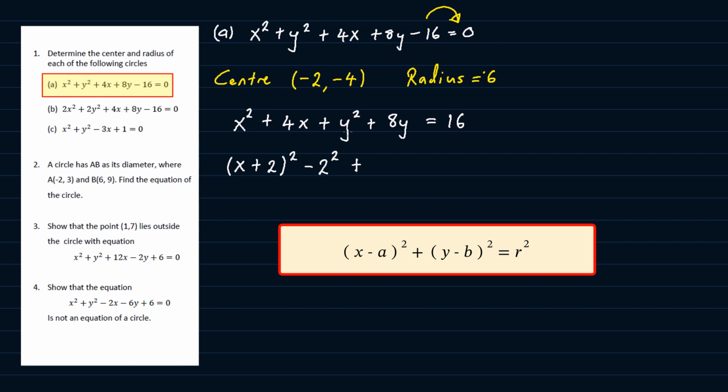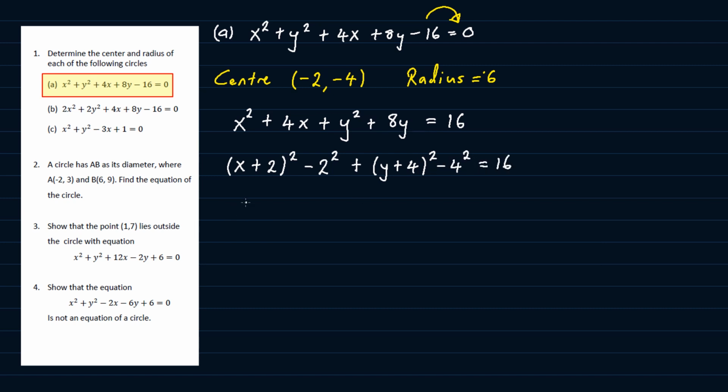Then I'm going to complete the square again for y squared plus 8y. So that will be y plus half of the coefficient of y, that's 4, squared, and subtract the 4 squared, equal to 16. So I'll now be having x plus 2 squared plus y plus 4 squared.